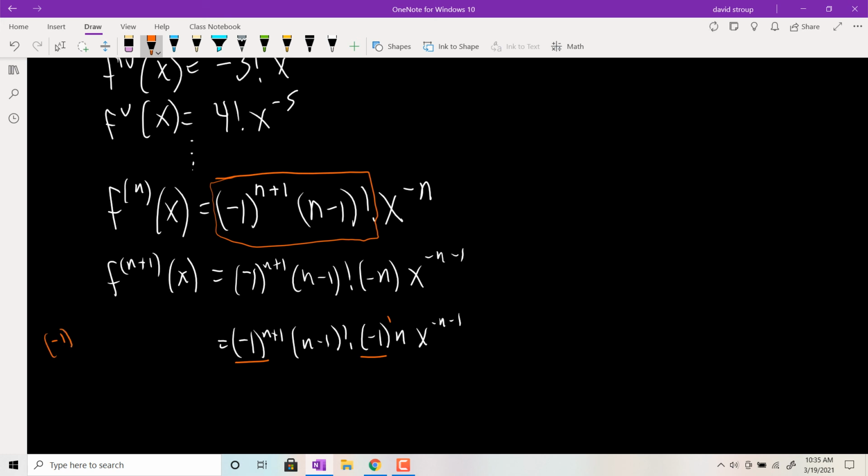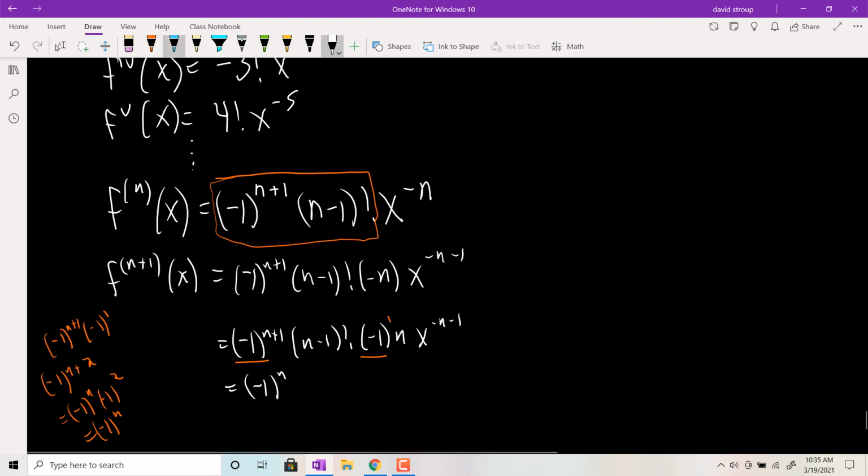Negative 1 to the n plus 1 times negative 1 to the 1 will be negative 1 to the n plus 2. That equals negative 1 to the n times negative 1 to the 2. Negative 1 squared is just positive 1, so you end up with negative 1 to the n.